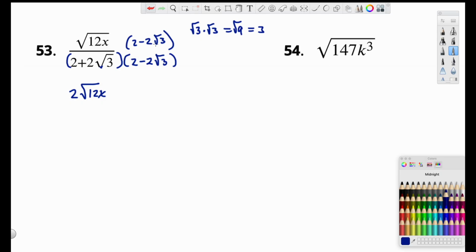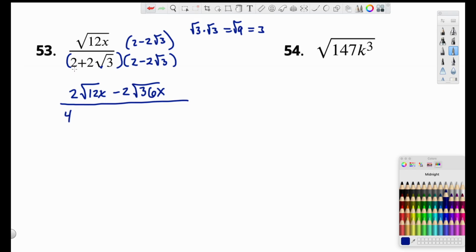And then root 12x times negative 2 root 3 would be negative 2 root of 12x times 3, multiplying inside these radicals, which gives me 36x. Okay? I hope you see 36 is a perfect square, so we can simplify that. The denominator, I'm going to have 2 times 2 is 4.